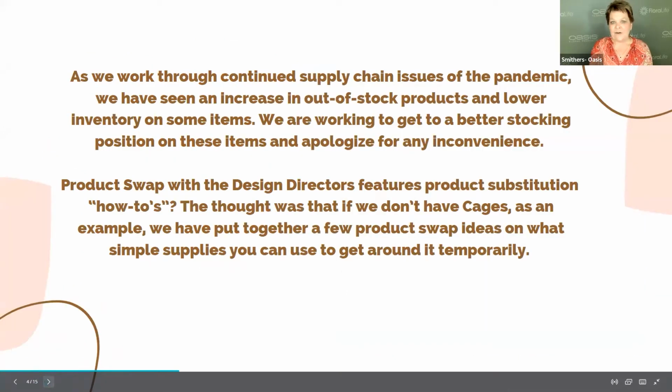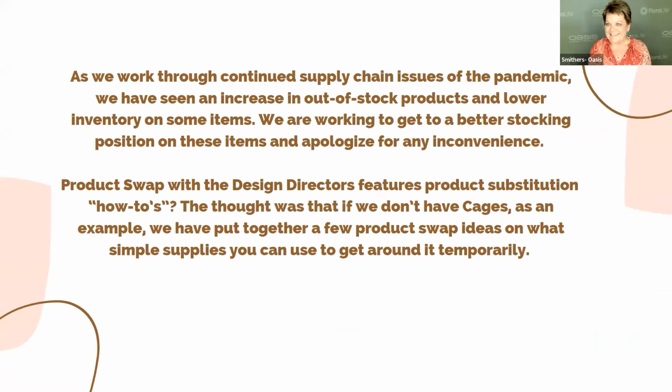So Sandy, tell us a little bit about what's going on out there. Well, as we're working through the supply chain issues in the pandemic, we've seen some increases in out of stock product and lower inventory on some items. It's just been unavoidable. A lot of extenuating circumstances. Right. So we're working really hard to get back into a better stock position on these items, and really do apologize for any inconvenience for some of your favorite products being out of stock.